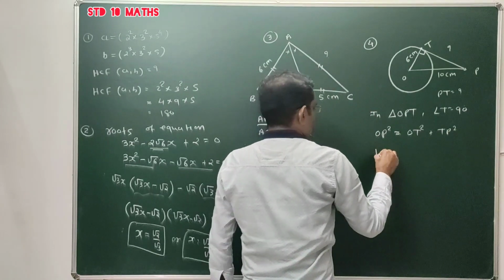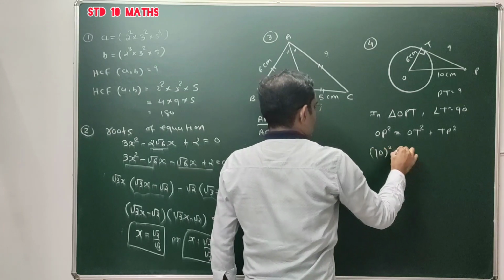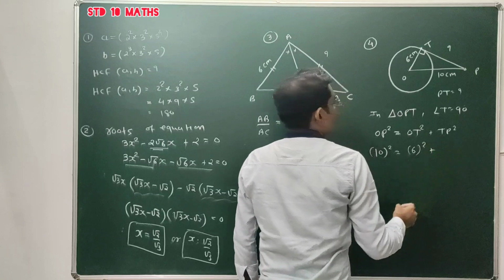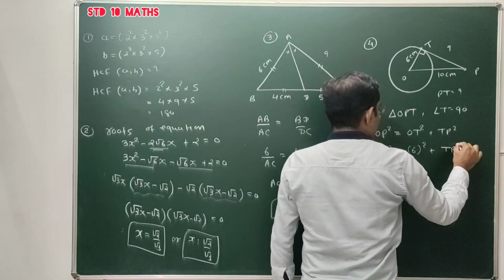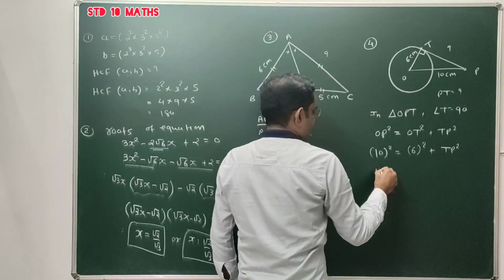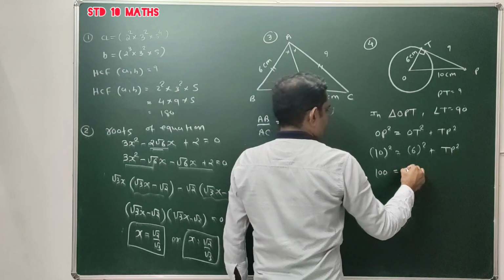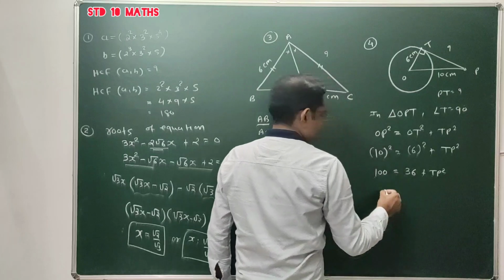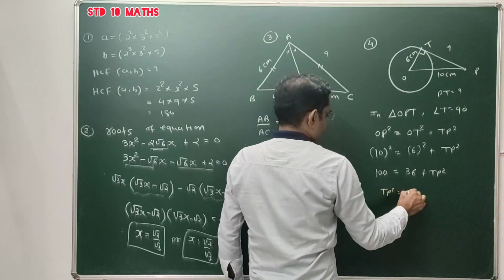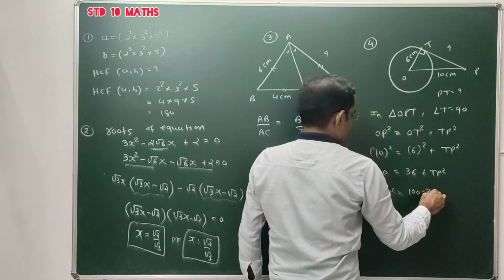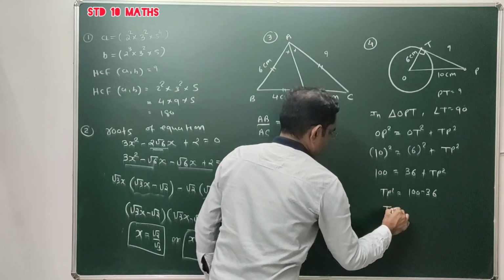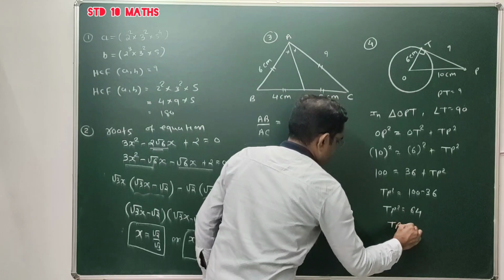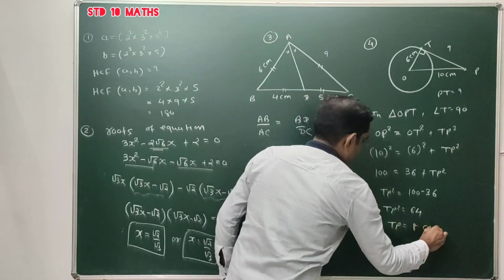OP square is 10 square, equal to OT square, which is 6 square, plus TP square. So 10 square is 100, equal to 6 square is 36, plus TP square, and hence TP square equal to 100 minus 36, and therefore TP square equal to 64, and therefore our TP is 8 centimeter.